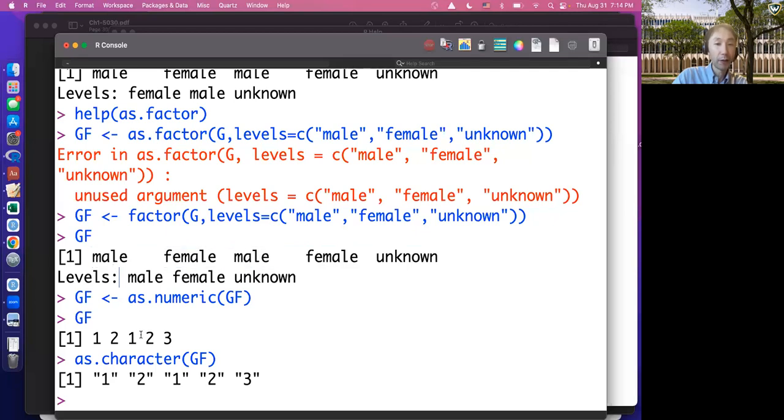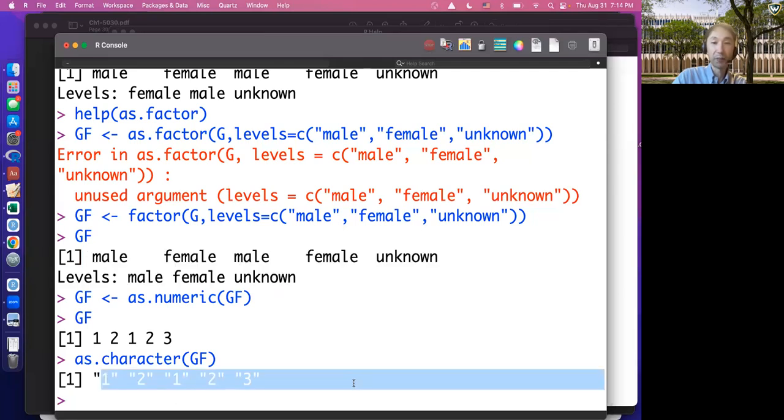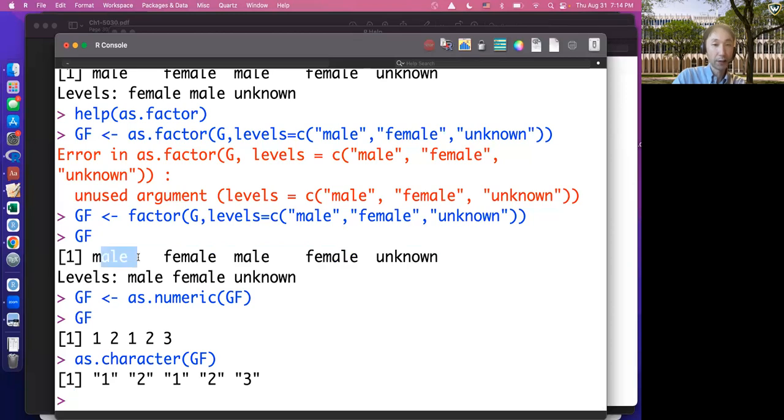But once you make it numeric, the spellings are lost, and we can only get the 1, 2, 1, 2, 3. Mathematically this one and this one have the same structure, but we lose the information of these character sequences. But still, sometimes we want to make it numeric.